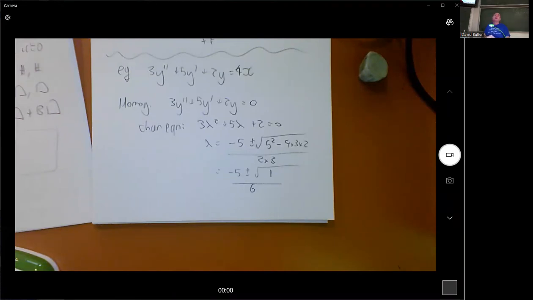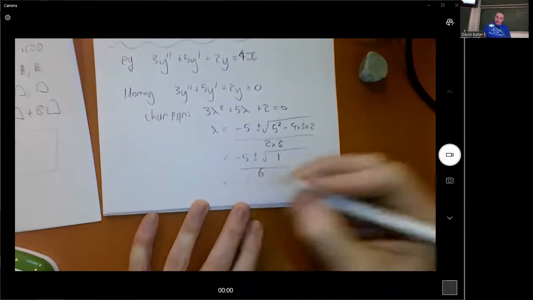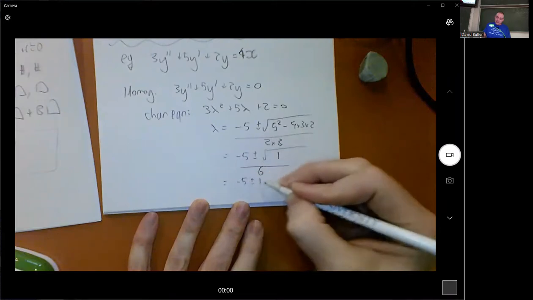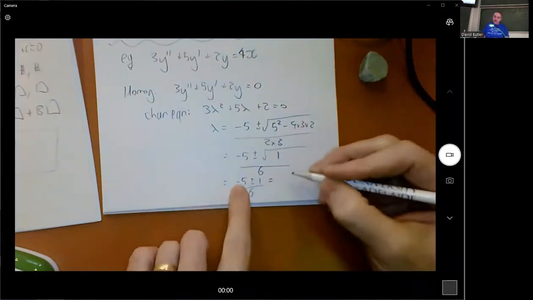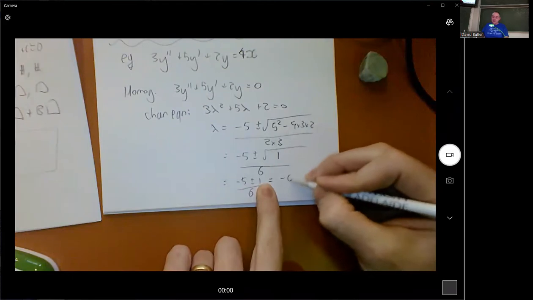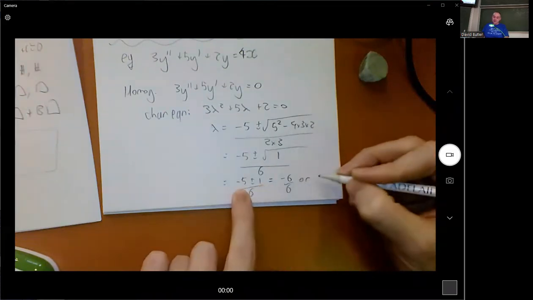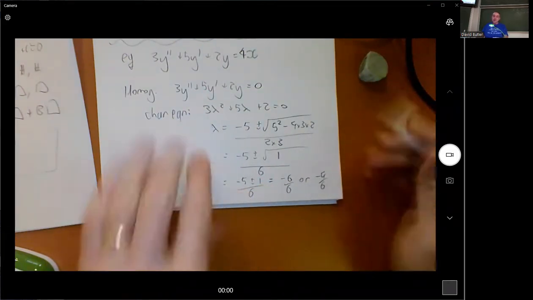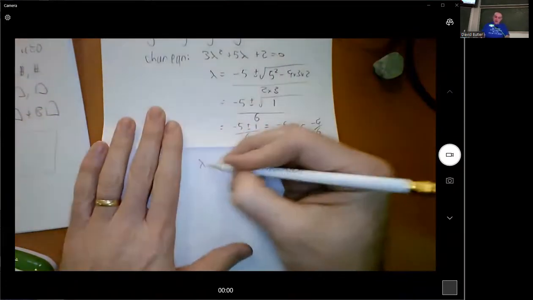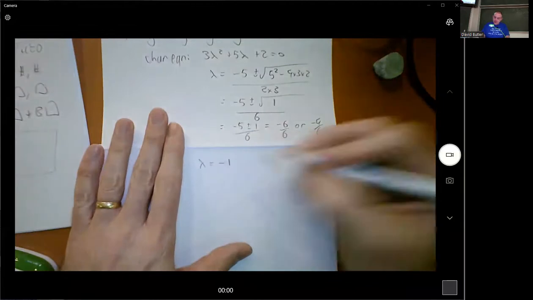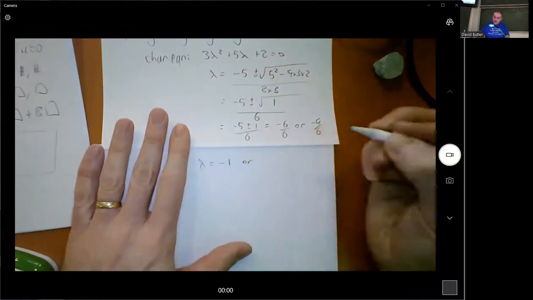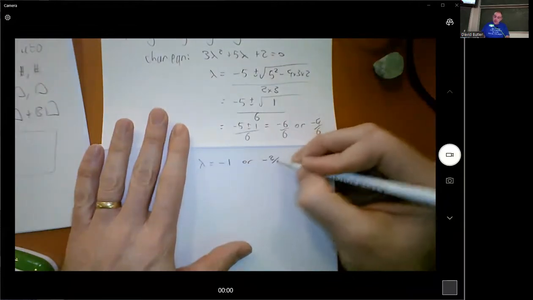I was just trying to make sure the solutions were real and not imaginary because I wanted to put a sign in. And so I've got minus 5 plus or minus 1 on 6, which is minus 5 minus 1 on 6, so minus 6 on 6, or minus 5 plus 1, minus 4 on 6. And so the lambda is therefore minus 1 or minus 2/3.